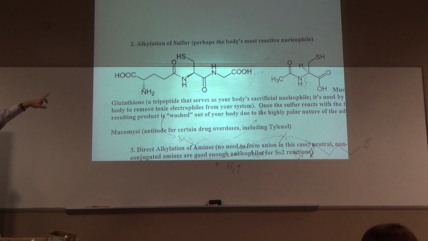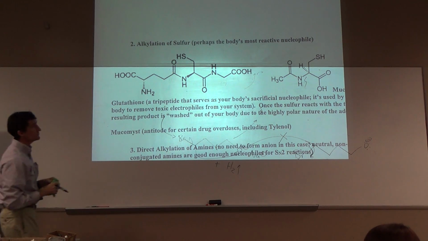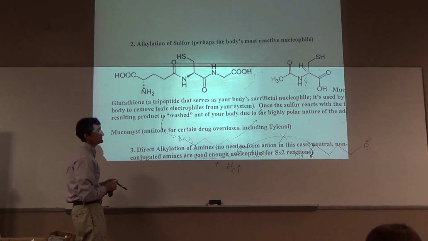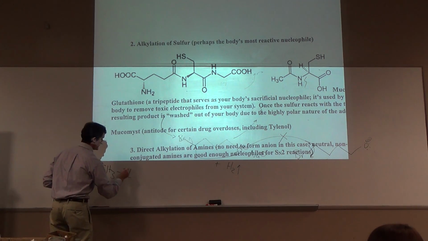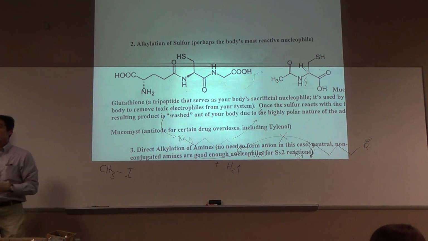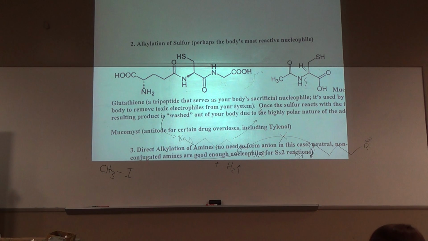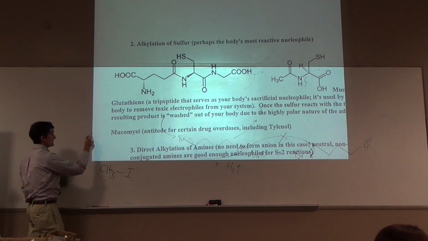Your body uses that S functional group there as a sacrificial nucleophile. For example, if you get exposed to methyl iodide, it gets into your body, that sulfur can come in here.